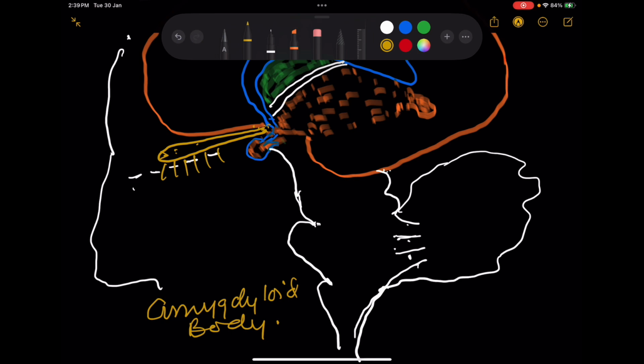These olfactory nerves carry the smell. The sensory part of the nose is supplied separately by the fifth or the trigeminal nerve.